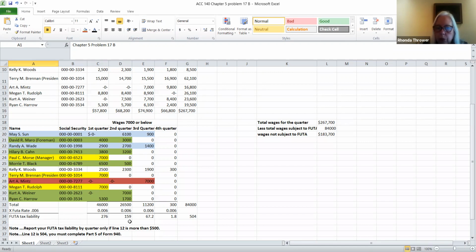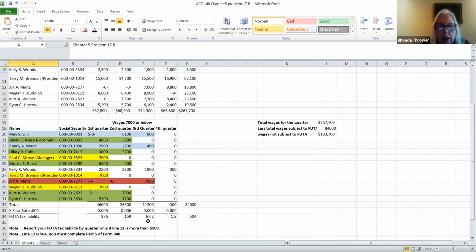In the second quarter, it's $159. Remember your $500 rule. So the first quarter plus the second quarter brought you to $435. There were no tax deposits that had to be made until the third quarter. When we add the third quarter wages in there, it brings us to $502.20.